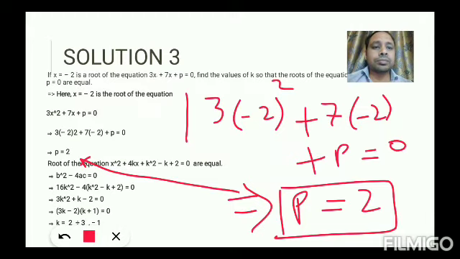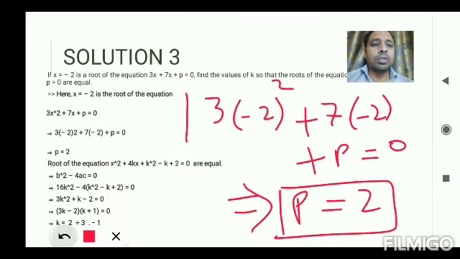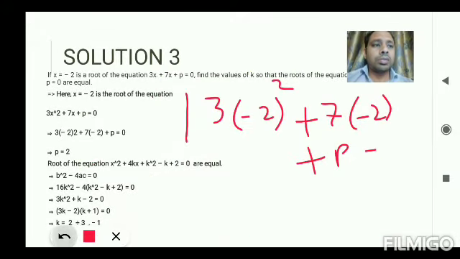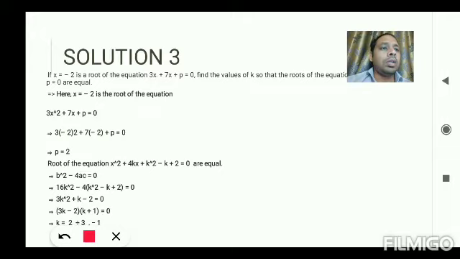Now if we go further in this question, you have to find the value of k so that the roots of the second equation are equal, and we know that roots are equal means discriminant equals 0.